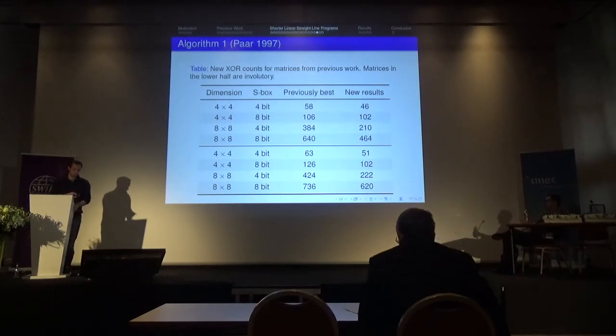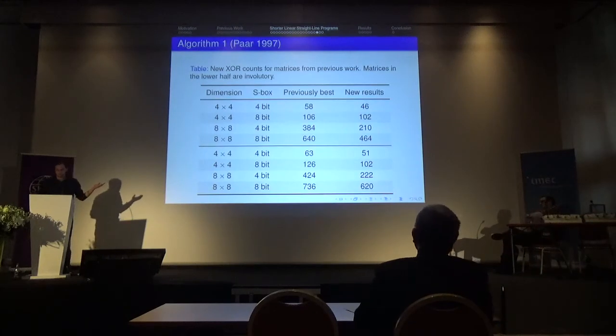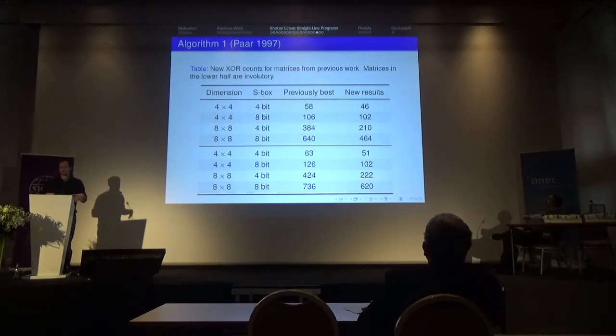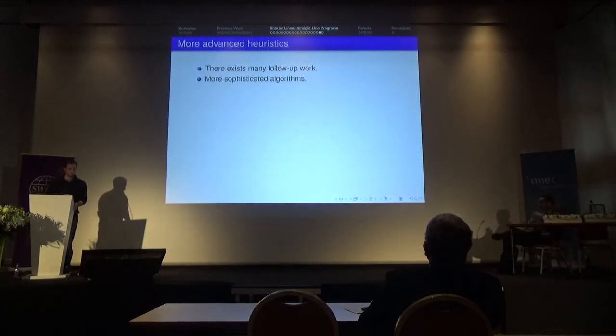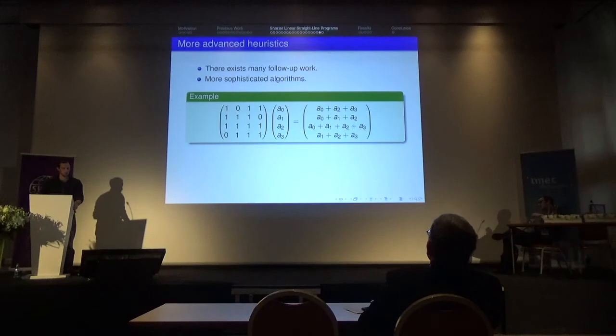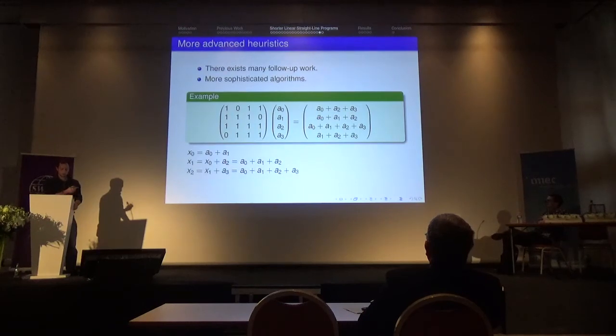And actually, this is not the end, because this algorithm is from 1997 and this work has gone on, so there has been follow-up work and more efficient, more sophisticated algorithms than this pretty straightforward one. So just to give you an example, taking the same matrix, you could also just compute A0 plus A1 plus A2 plus A3.